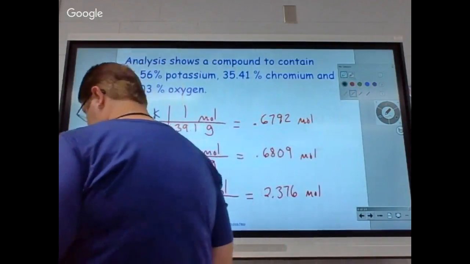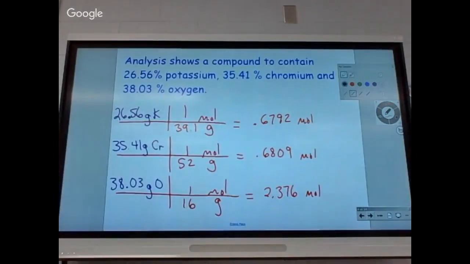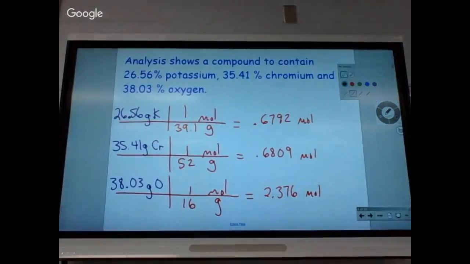All right. Once I have our moles, what do we do then? Divide by the smallest.